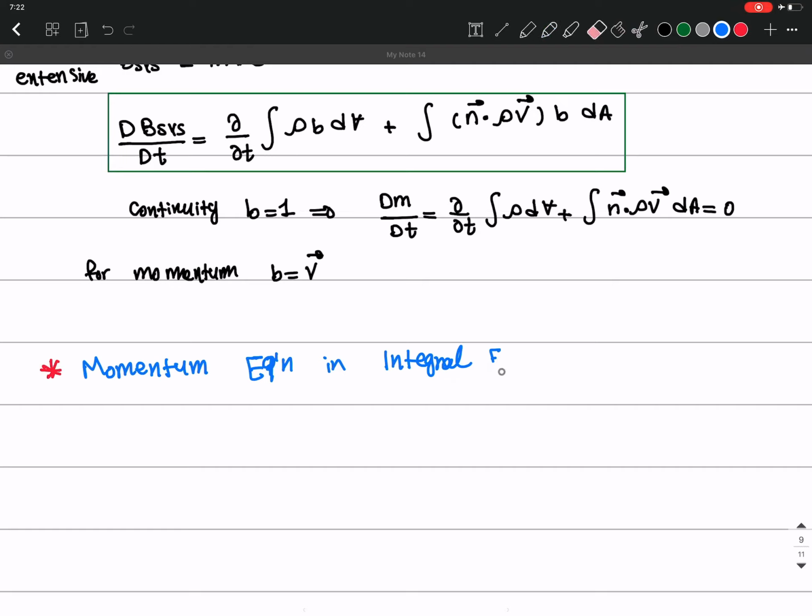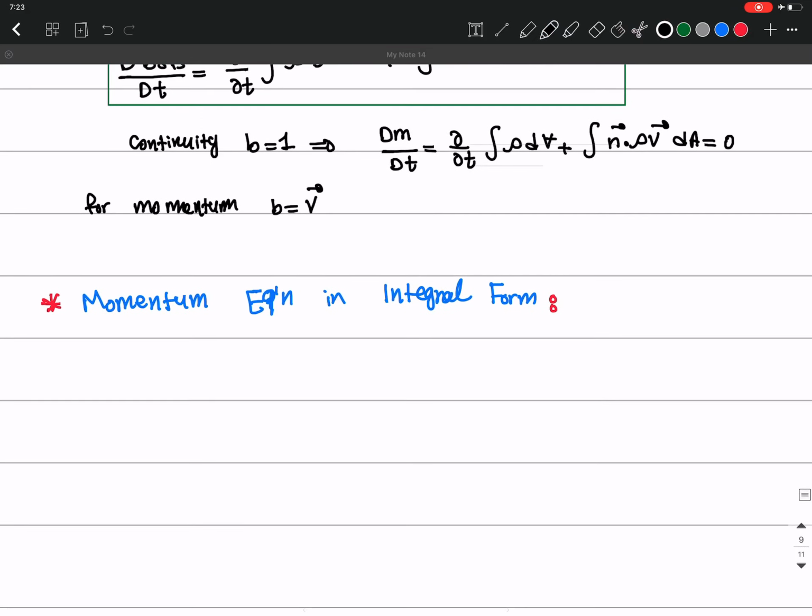Integral form. So I'm going to derive it by using Newton's second law of motion. So Newton's second law of motion.